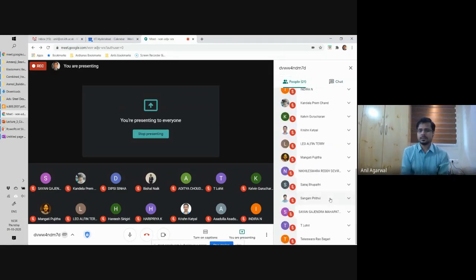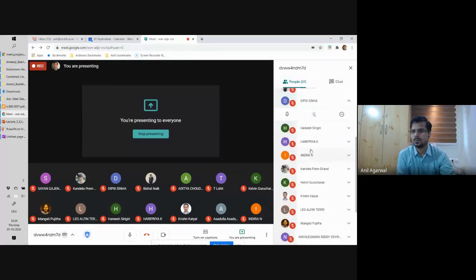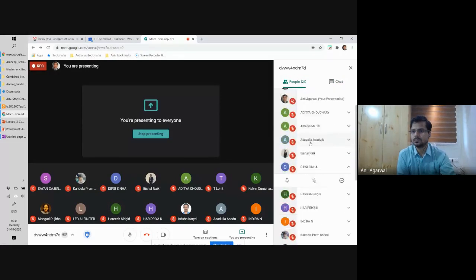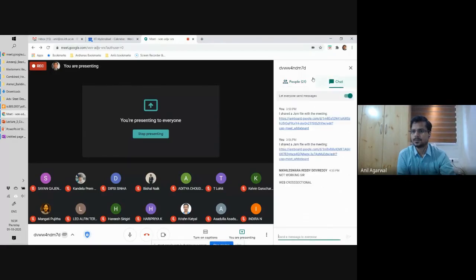So any of these cross sections are made of plates, right? An I section is made of 2 flanges and 1 web. So which cross-section property? We are still waiting, Nikhileshwar.